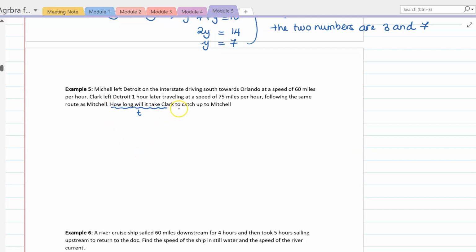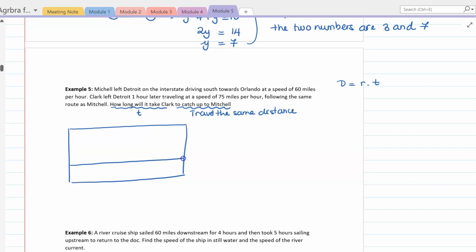For them to catch up would mean they have traveled the same distance. So this problem has to do with the formula distance equals rate times time. Let's go ahead and make a table of distance equals rate times time and see how we will work on it.